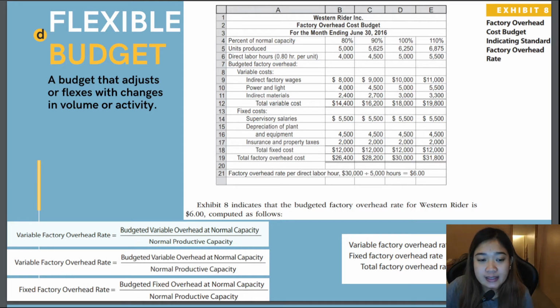To summarize, the budgeted factory overhead rates for Western Rider is a variable factory overhead rate of $3.60 plus a fixed factory overhead rate of $2.40, which gives a total factory overhead rate of $6.